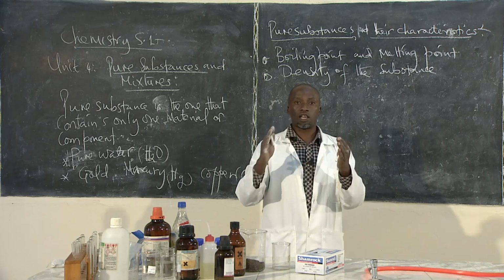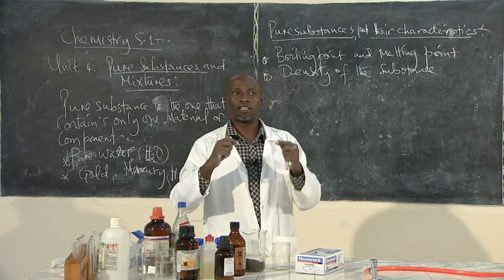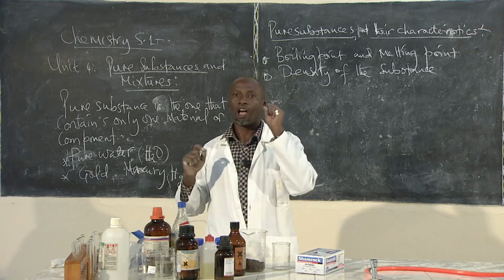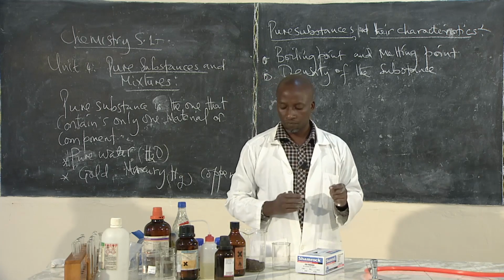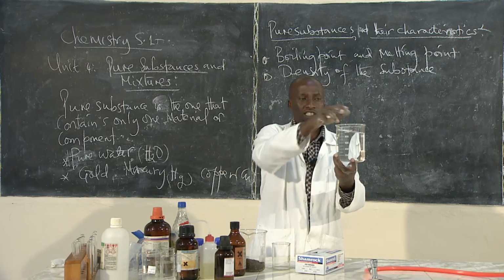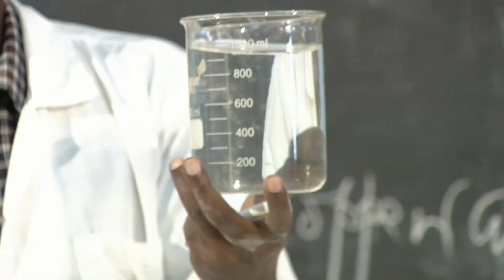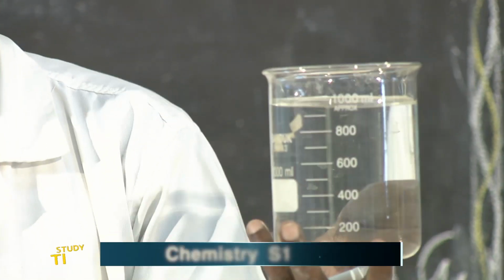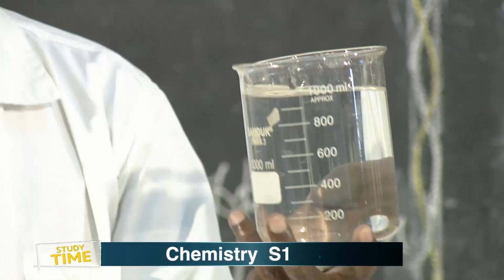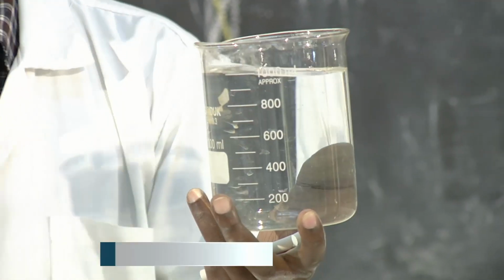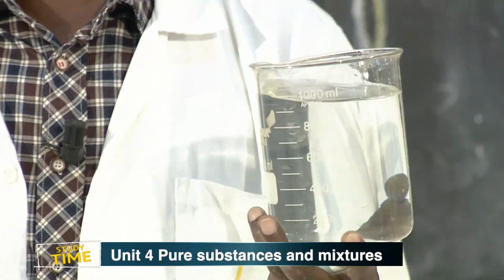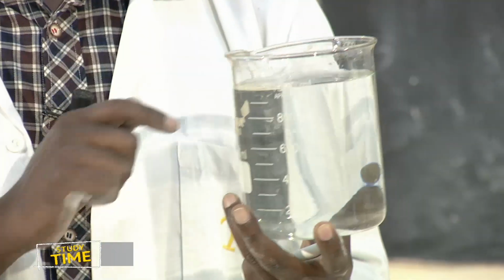If the density of the substance is determined, then you can easily tell, because pure substances have specific densities. For example, you can't easily tell what kind of liquid this is. If I look at it, I may think probably it is water, but it may not be water. So you need to determine the boiling point of this liquid to confirm whether it is water.